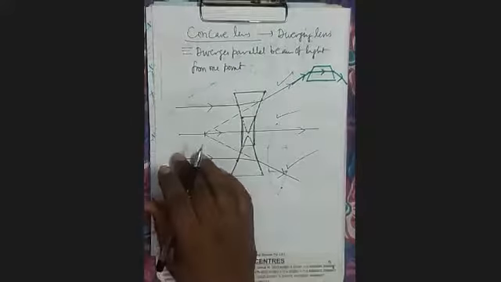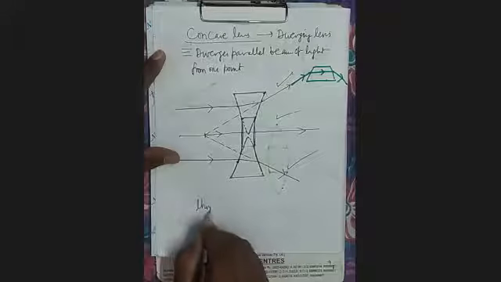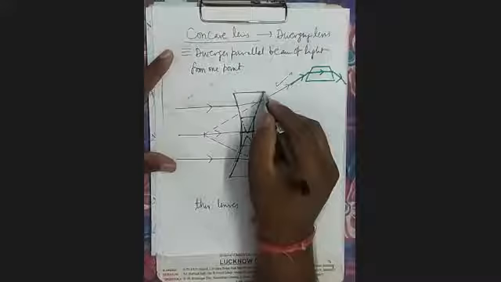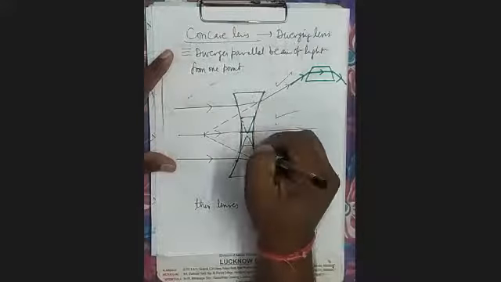Now, one more thing. In our course, there are only thin lenses. Thin lenses means those in which this thickness is very small. It's clear. Only thin lenses are in our course. And in case of thin lenses, refraction firstly takes place on one surface, then it takes place on the other surface. पहले रिफ्रैक्शन इस सरफेस पर हो रहा होगा, फिर इधर होगा.